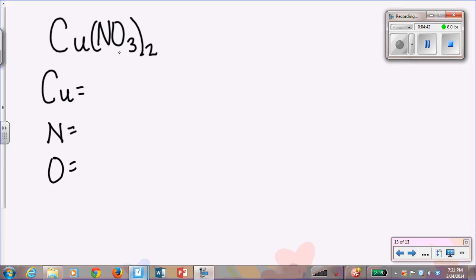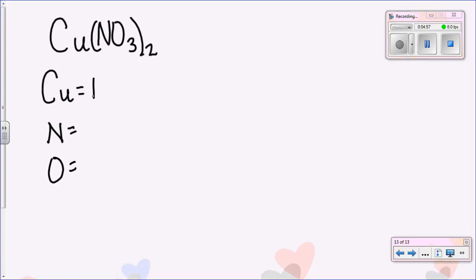Here we have copper II nitrate, and I just want to show you what do you do if you have a polyatomic ion and you have more than one. Again, you're first going to look at copper. How many copper atoms do we have? We have 1, and the mass of copper is 64. Multiply going across.